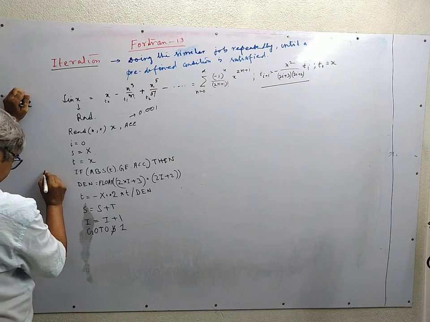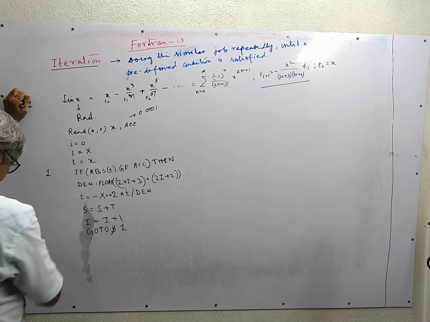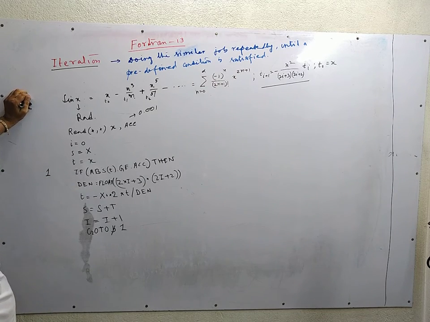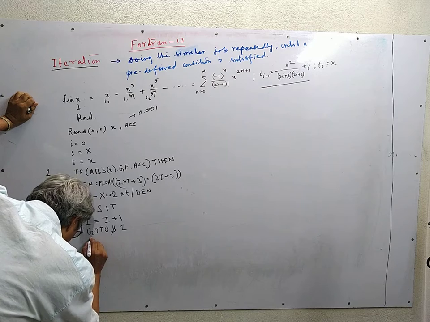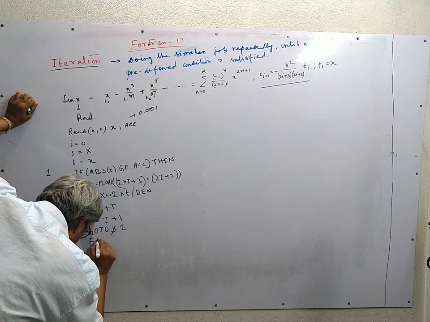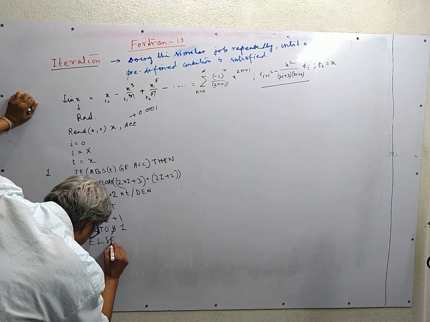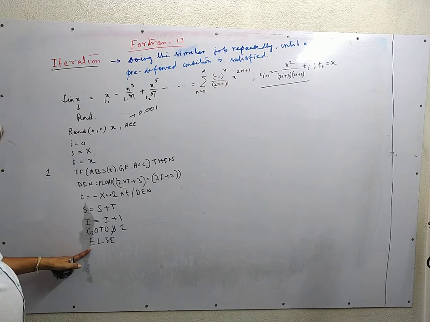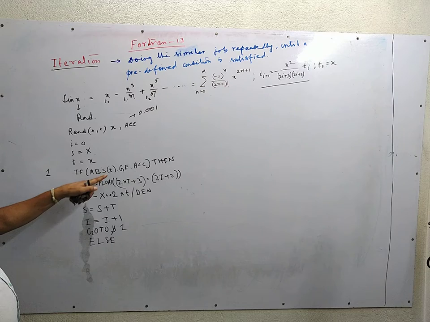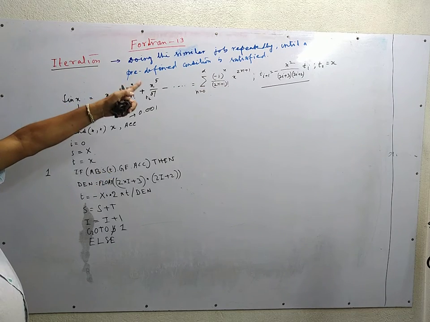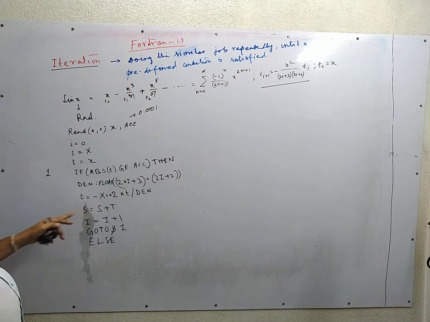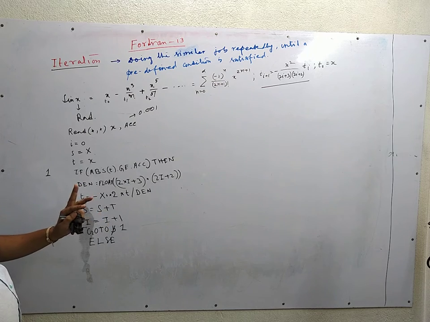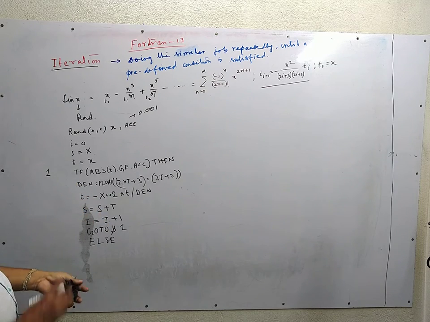The statement number is this: else. This part will be calculated only when the absolute value of t is less than the accuracy, that is, when an adequate number of terms has been taken into account.